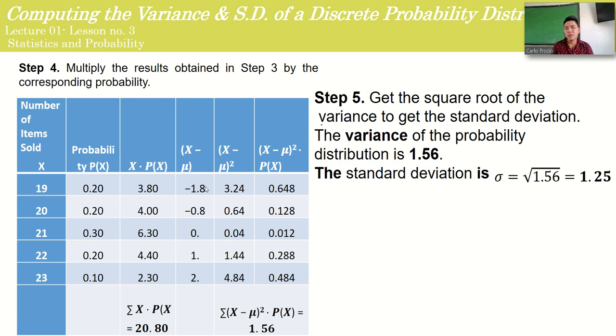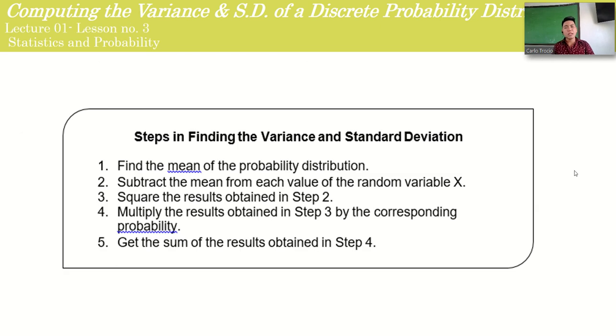The next step is to square the difference, so you will have 3.24, and then multiply the product by the probability again, and then you will have the product again here, and then you're going to add it all, you will have the variance, and then for you to find the standard deviation, you are just going to take the square root of it, and then that's it.